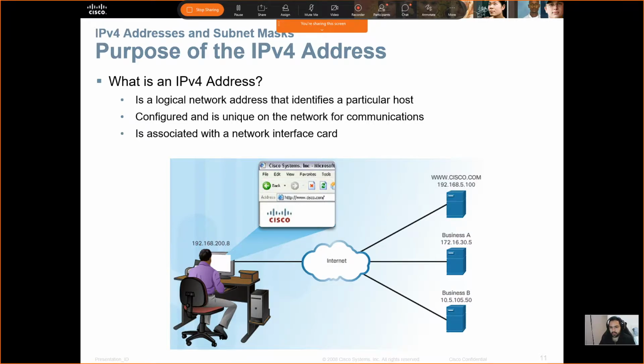It's associated with the data link layer, and it lives in layer number 2 of the OSI model. The IP address is associated with a network interface card as well. But in contrast to the MAC address, it's not a burned-in address, so it doesn't come from the manufacturer. You can change it.